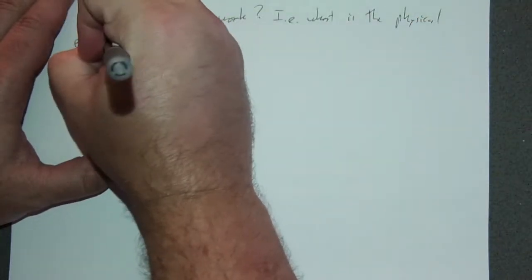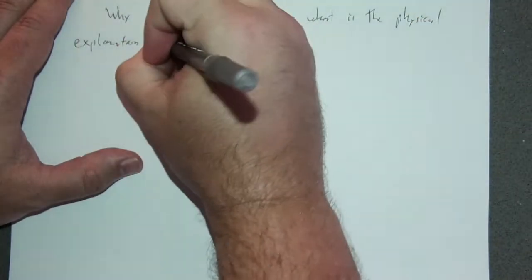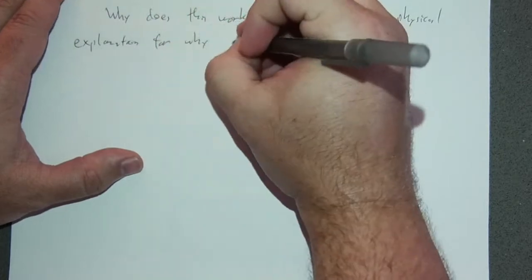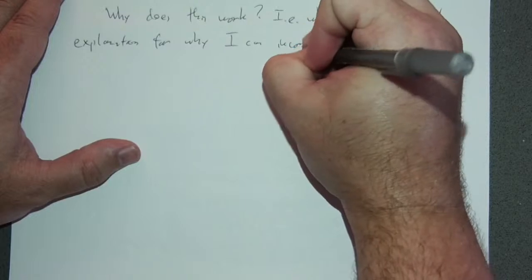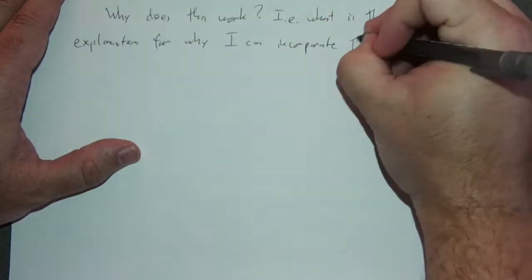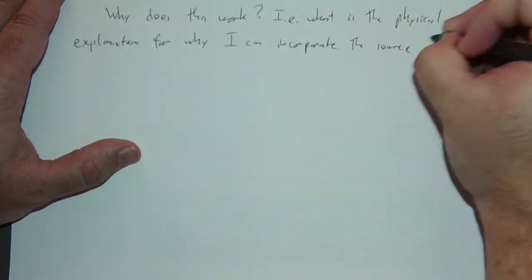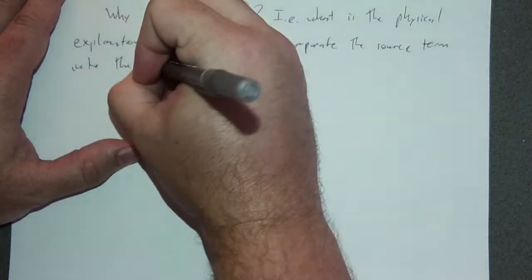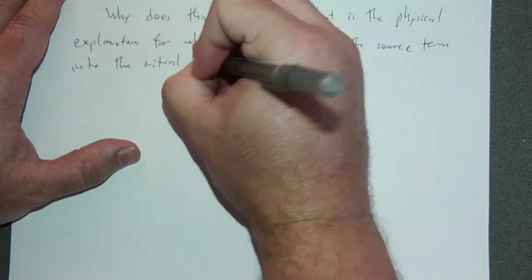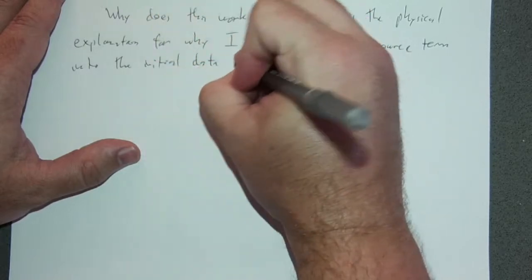So what is the physical explanation for why I can incorporate the source term into the initial data in this subproblem?